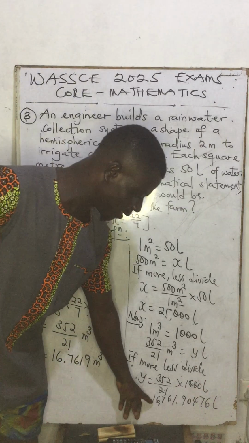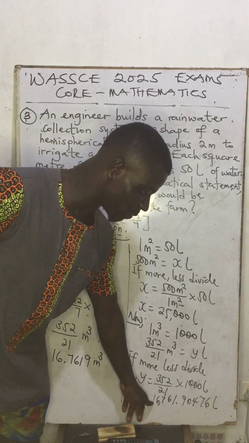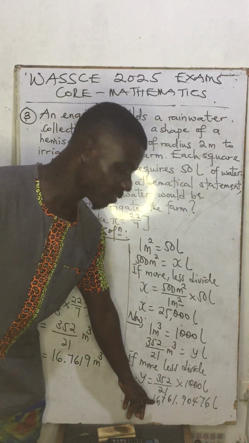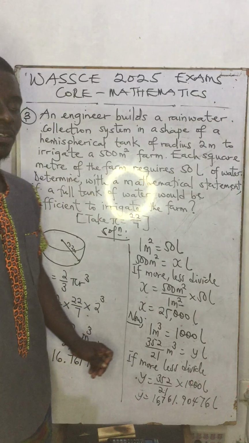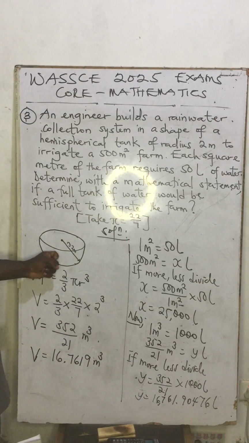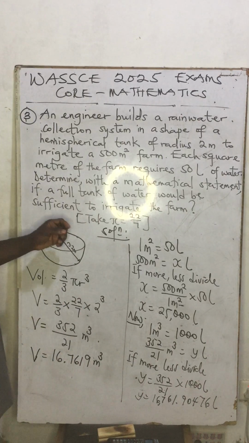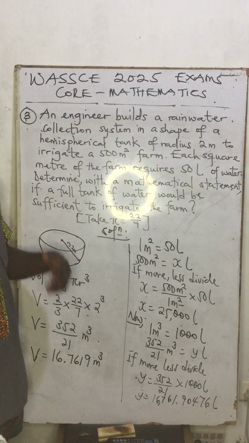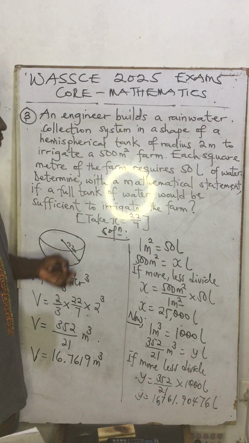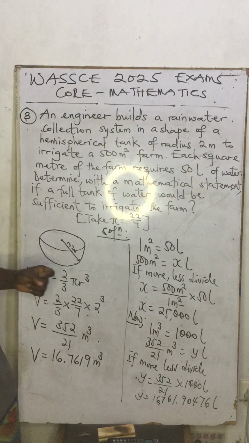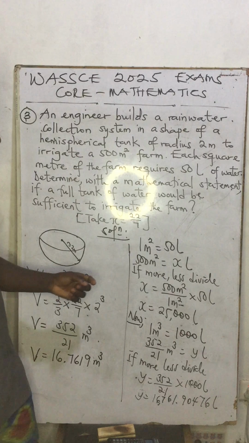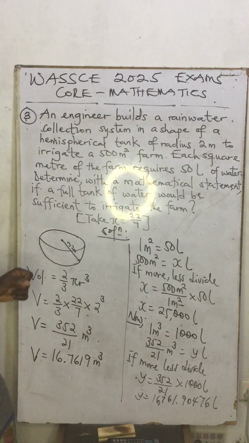So 16,761.90476 liters is less than 25,000 liters, then it won't be sufficient to irrigate the farm. So we use the inequality less than, which means it won't be sufficient. We need more tanks to be able to irrigate the farm.